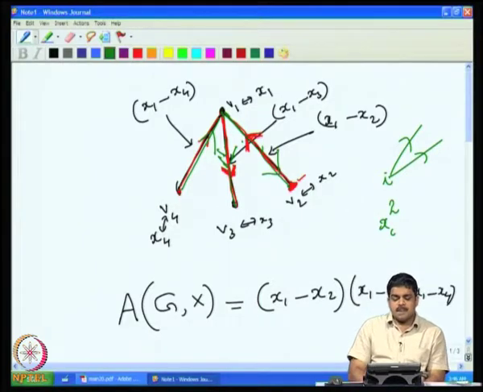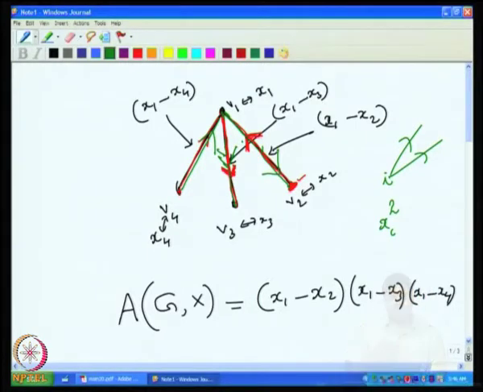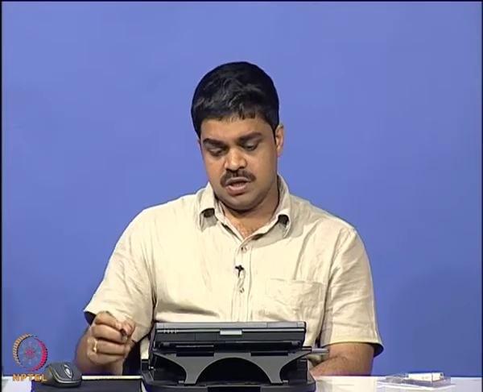Now we have to understand what the sign of a monomial will be, in terms of the orientation which corresponds to that monomial. That is not very difficult to understand, because whenever we are orienting the edge from the lower to the higher, that means we are picking up the positive term. When we are orienting the edge from the higher to the lower, we are actually picking up the negative term.